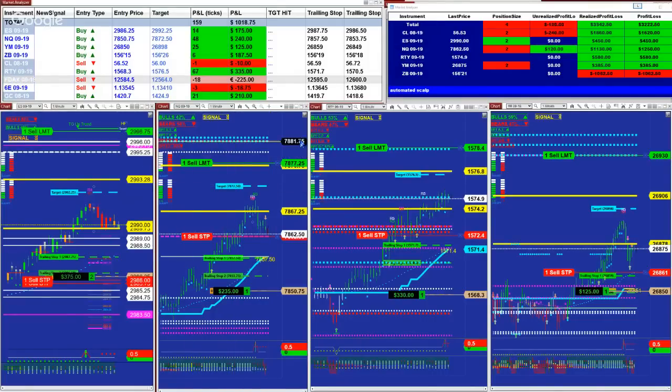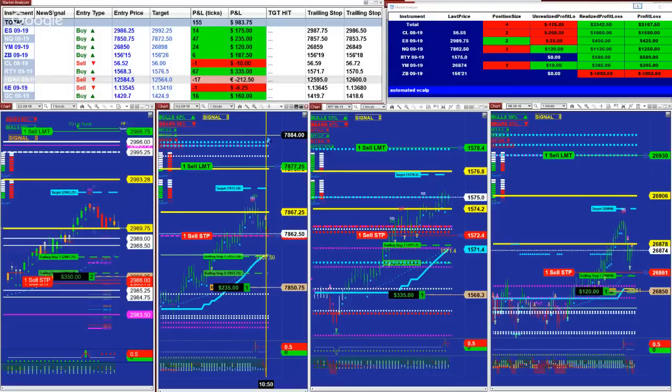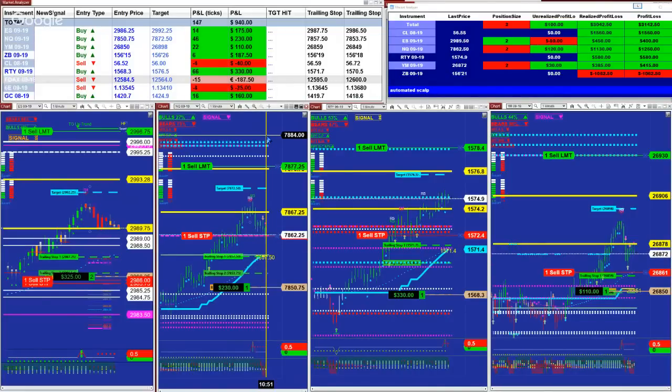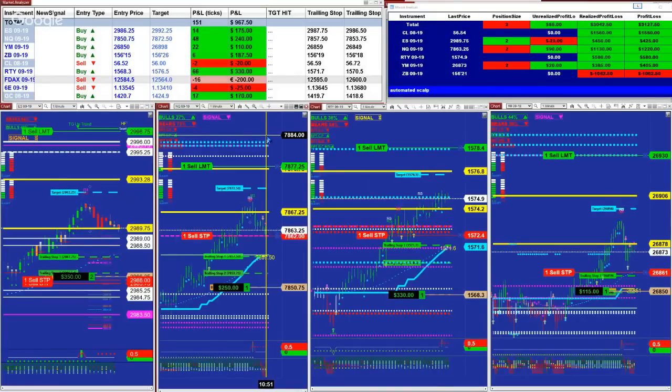Okay, so we are about to close the trend stop on the NASDAQ. And we still have, if you want to, milk it. Okay, we are about to close on the NASDAQ here. Okay, I'll leave it running.